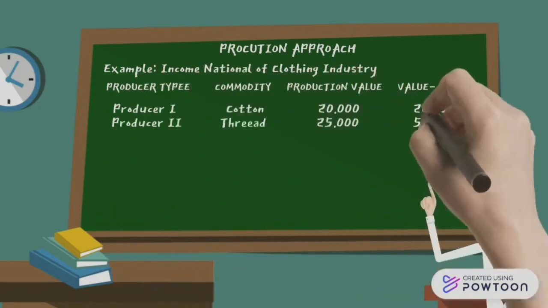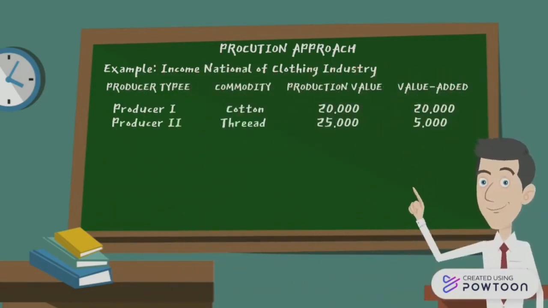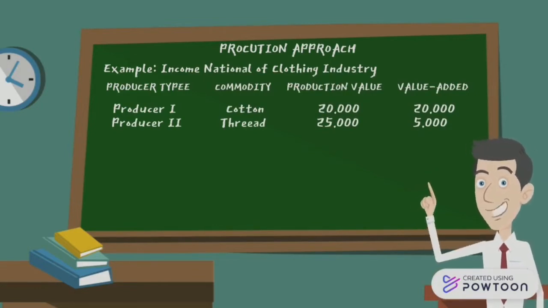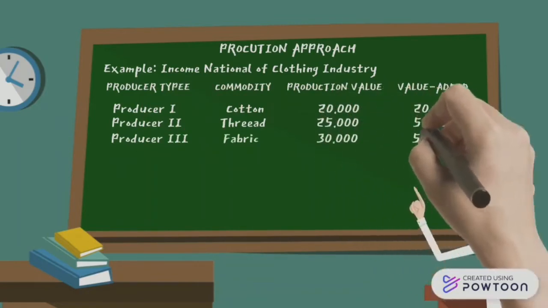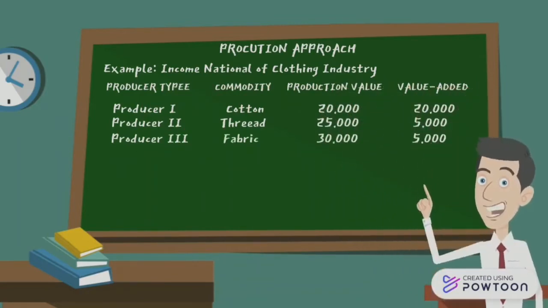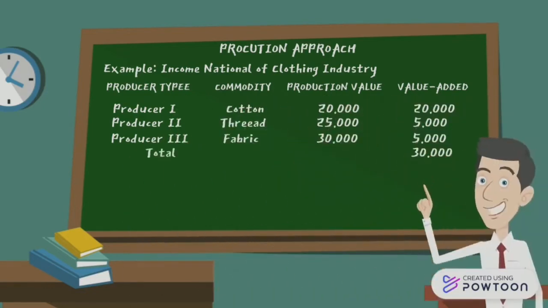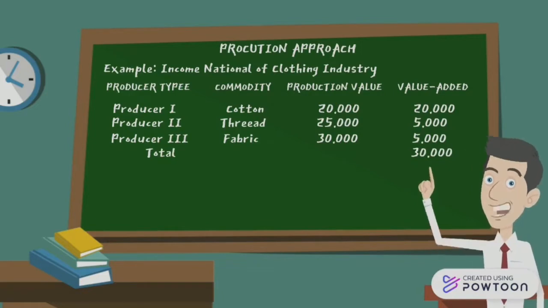Producer 2, commodity thread, production value 25,000, value added 5,000. Producer 3, commodity fabric, production value 30,000, value added 5,000. And the total is 30,000.